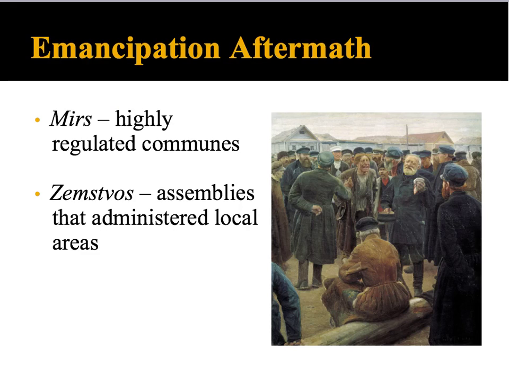So after the emancipation, a new kind of structure sets up. And instead of owning their own land and living off the land and having their own thing, most peasants are going to either move or be collected into these things called mirs. No, not the space station, but highly regulated communes or communities in which the peasants really had to depend on one another to survive.